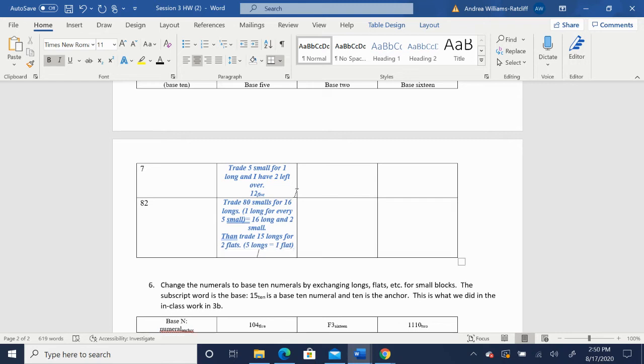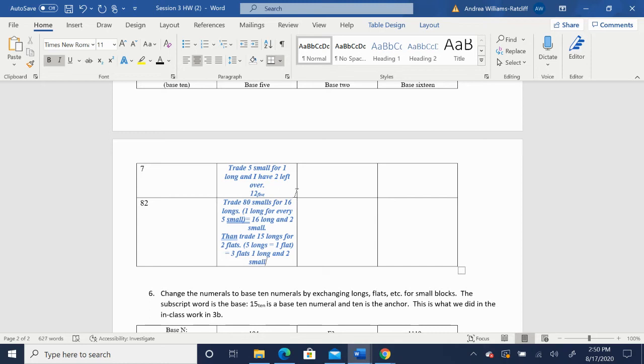So that means I now have 3 flats. I have 1 long left over and 2 small. After I did the first trade, I had 16 longs and 2 smalls. Can't trade those, there's not enough.